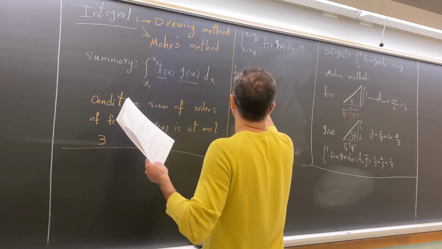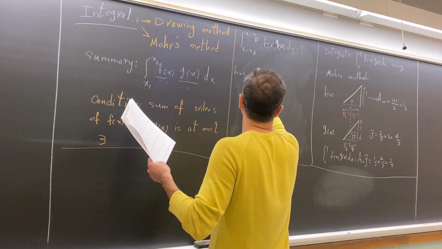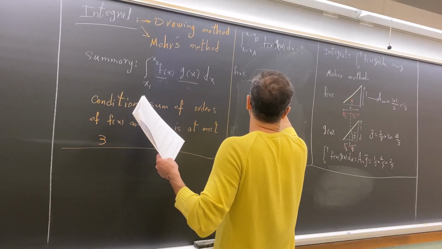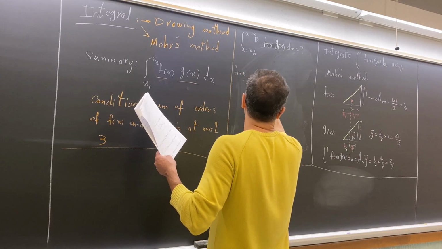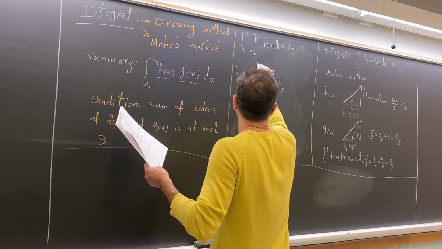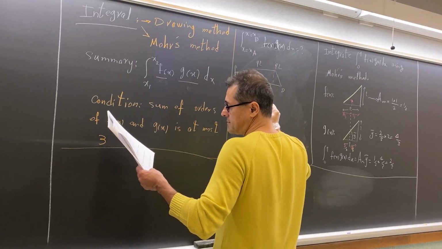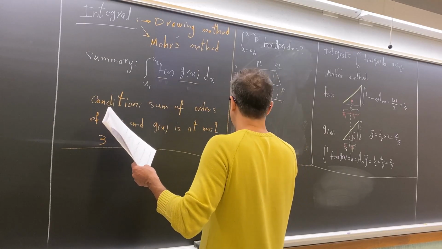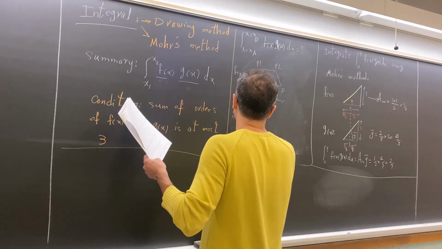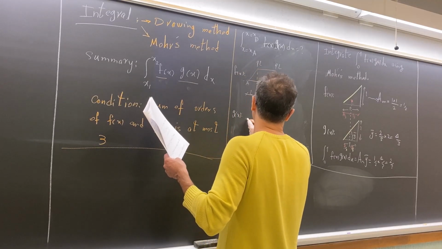f(x) is given like this. This is A, B, C, D, with points labeled. And then this is g(x). g(x) is like this.